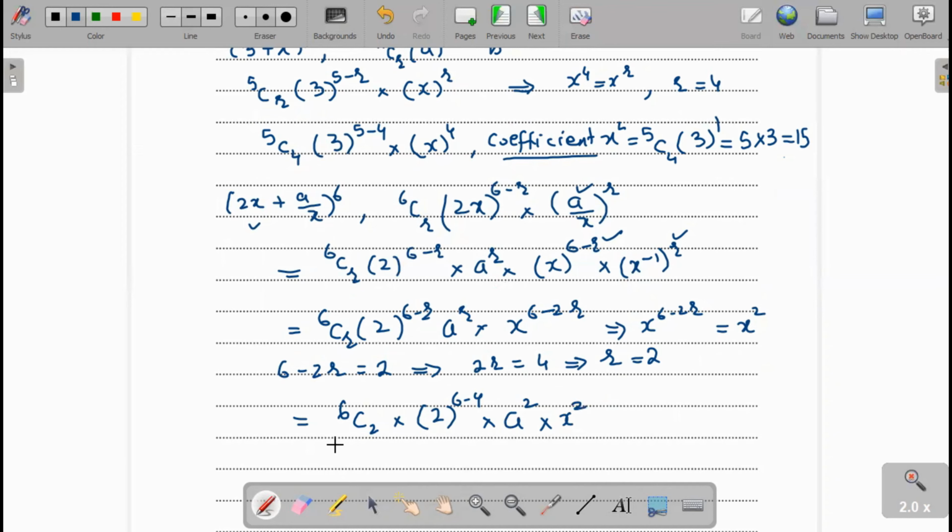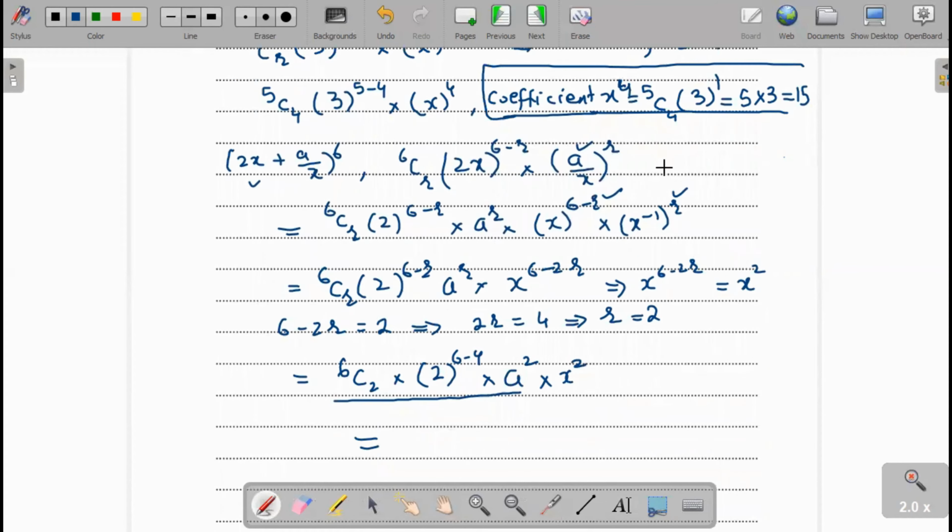Now the coefficient of x^2 and the coefficient of x^4: where is the x^4 coefficient? It is 15, and this is the coefficient of x^2, that is 6C2 times 2^4 times a^2.